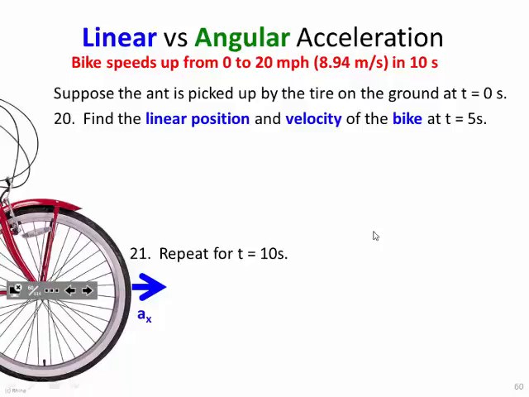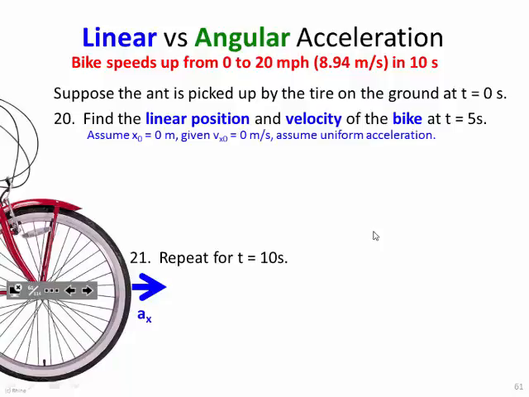So we've got to find the linear position and the velocity of the bike at time equals 5 seconds. Suggestions? You're going to do what? Uniform acceleration and use equations 5 through 10, all right? So I'll make some assumptions, give my initial conditions, write down my formula, equation 5, plug in my initial conditions, and that's the formula for this particular problem: x of t equals 0.447 t squared.